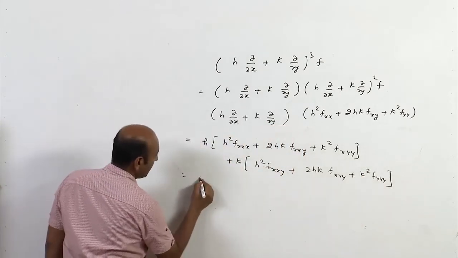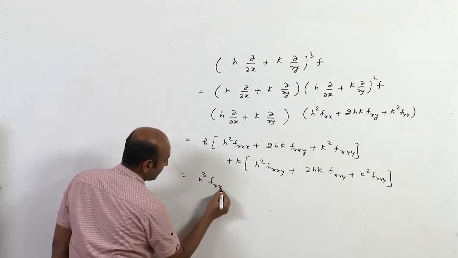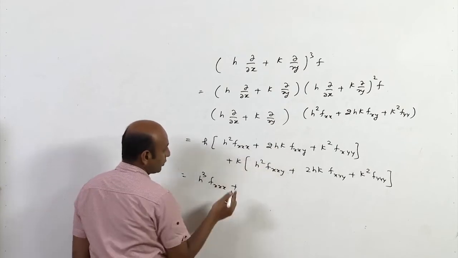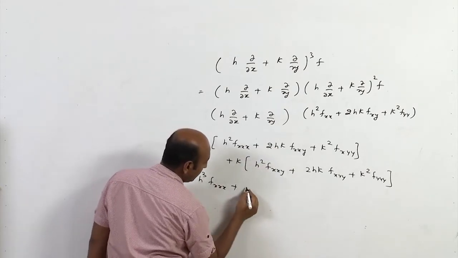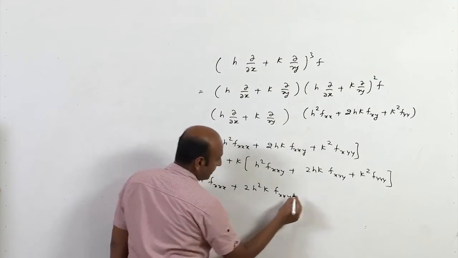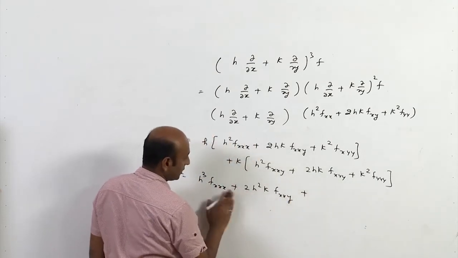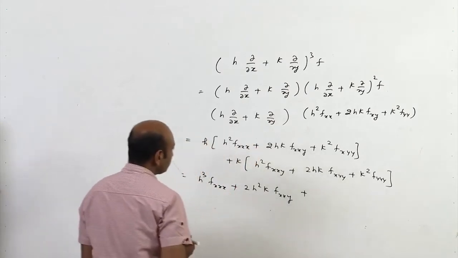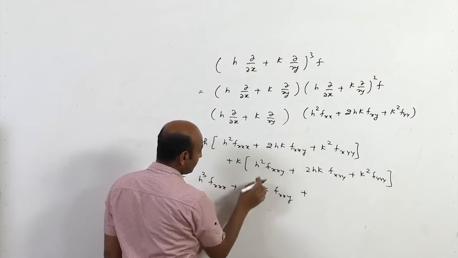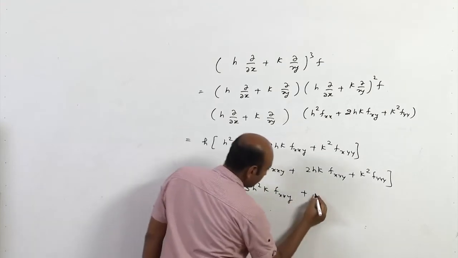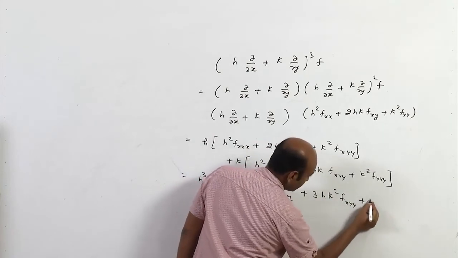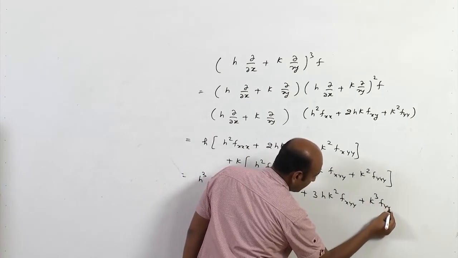And this will be h cube f_xxx plus 3 h square k f_xxy, since 2 times here and 1 times here, so it is 3, and similarly 3 h k square f_xyy plus k cube f_yyy.